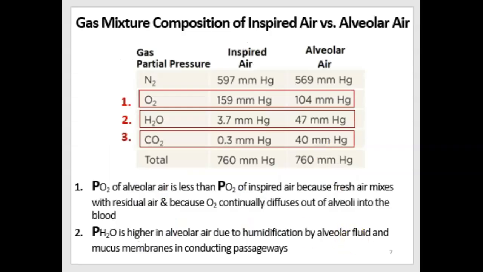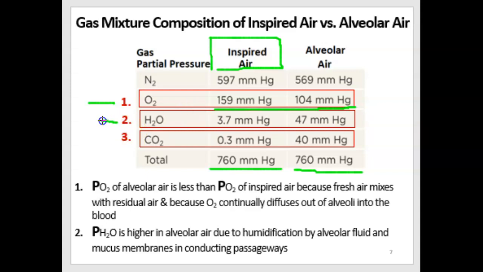Now we're going to look at the difference between atmospheric pressure, what we breathe in, and the contents of the air in the alveoli. So let's look at inspired air first, because we just looked at that before. We know the total pressure is 760, and in the alveolus that stays the same. What changes are the partial pressures. Notice first that compared to the air we breathe in, we have less oxygen once it reaches our alveolus.